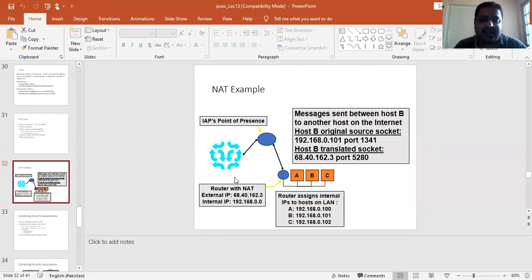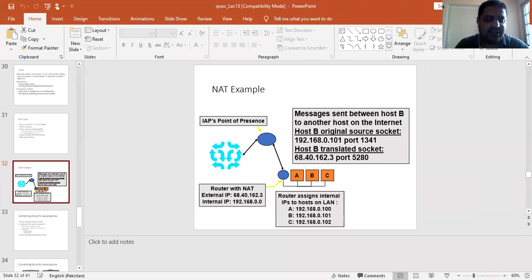When any data is sent to another network, it is translated or mapped to the public IP address, and if any data is coming into the network, it is mapped to the private IP address. In this way, network address translation is done by the router, for example, to translate the IP addresses between a host and the network, or the network and the host.